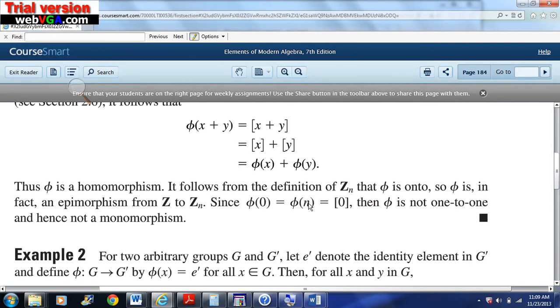For example, if we had mod 4, phi of 0 would be the same as phi of 4. They both would be equal to class 0 in Z sub n. Then phi is not 1-to-1. Phi would not be 1-to-1, and hence not a monomorphism.